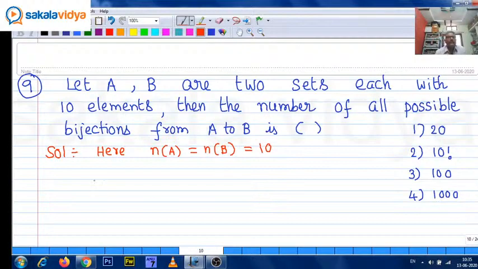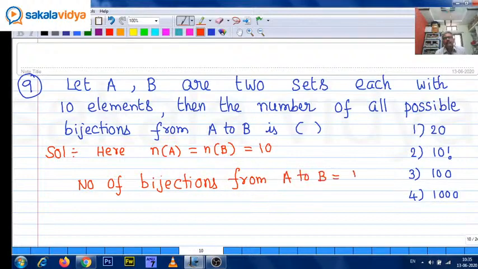Now the number of bijections from A to B equals n of A factorial or n of B factorial. Both are same. So that equals 10 factorial. So the second option is the right option.